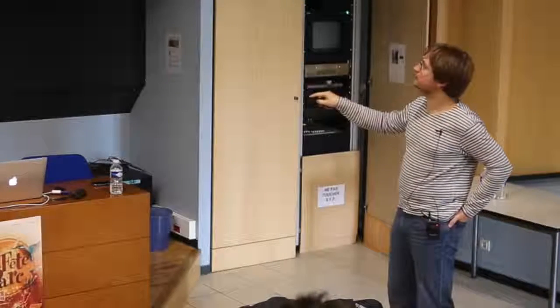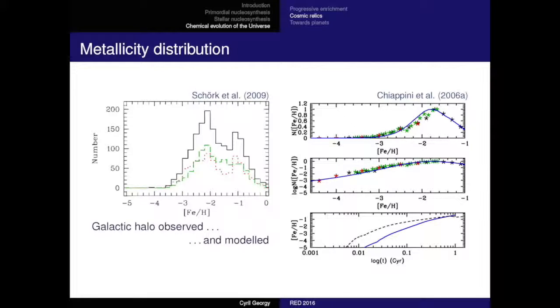So it appears that the chemical evolution models are not perfect, but at least we are able to more or less reproduce the metallicity distribution of the stars, even the very low metallicity stars. Here the shape is not exactly perfect, but at least it's a step in the right direction.